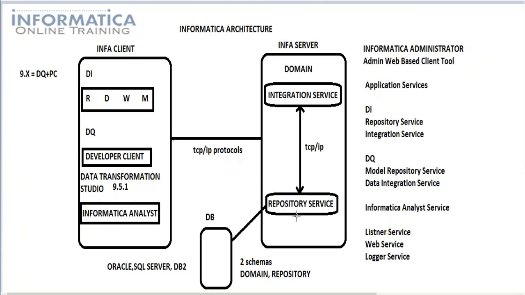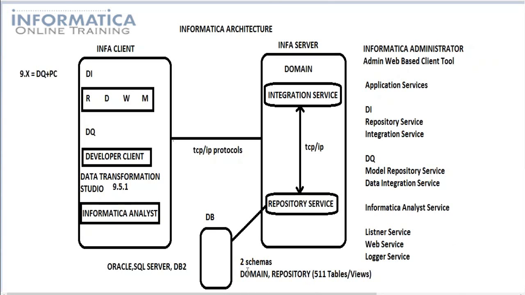Because when you configure this repository service, 511 database objects will be created. When I say database objects, 511 tables and views are created.